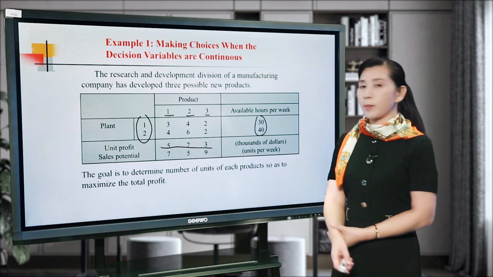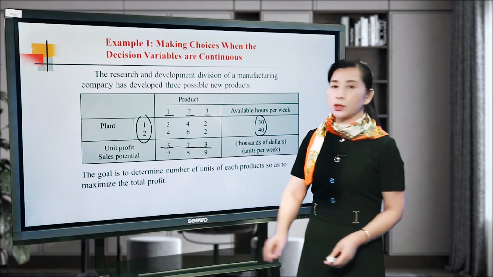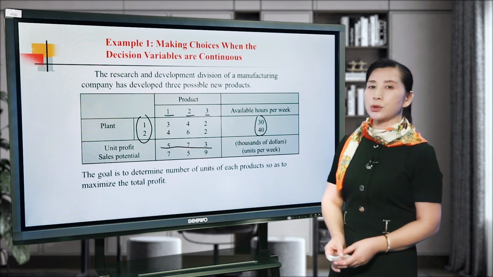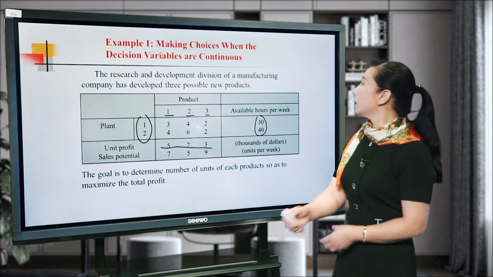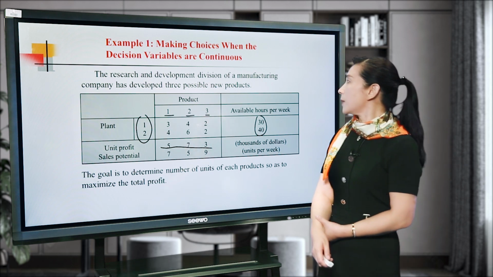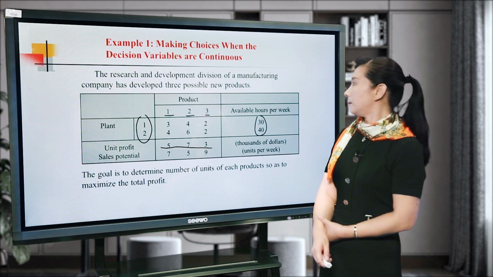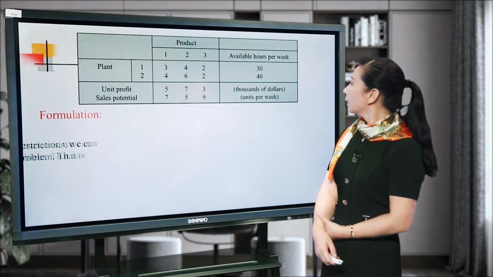The goal in this program is to determine the number of units of each product so as to maximize the total profit. So we analyze this program. To set up this program, we need decision variables.